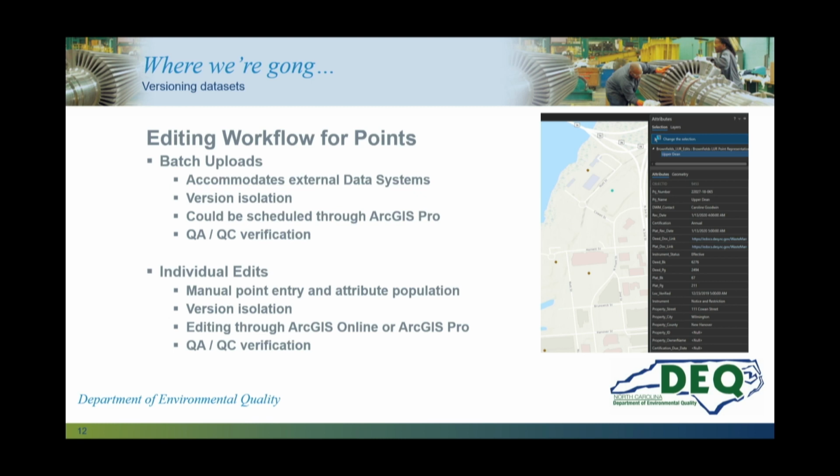You can add one point here, one point there, take them away, and so on. But again, it's all going into the same database structure. So there's no more version conversion, that fear that we all have when people export a piece of data and start editing it, and then all of a sudden we've got two versions of the same thing and have to merge them back together. This is staying in the same system, staying in the same canister.